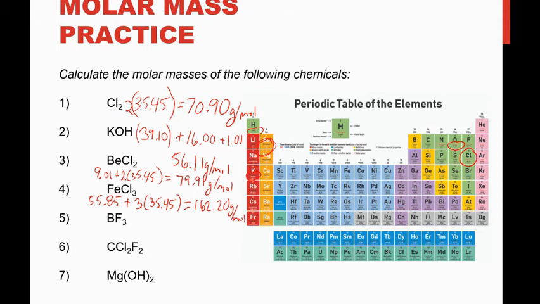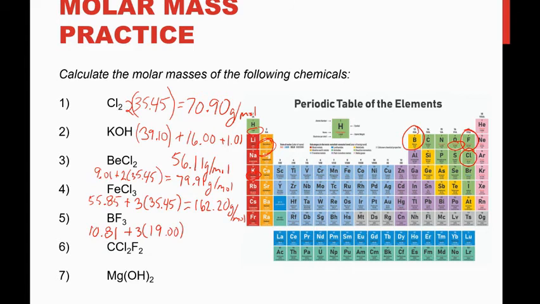BF3, boron trifluoride. So boron is going to be right over here on the periodic table. Fluorine is right here. Boron is 10.81. And then I have 3 fluorines. Fluorine is 18.998, which rounds to 19.00.